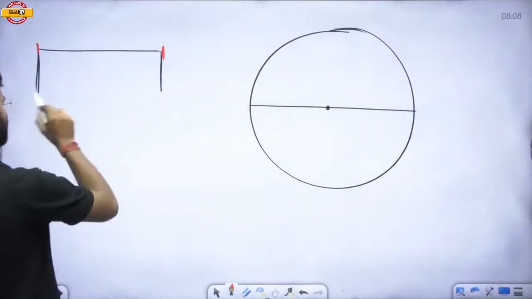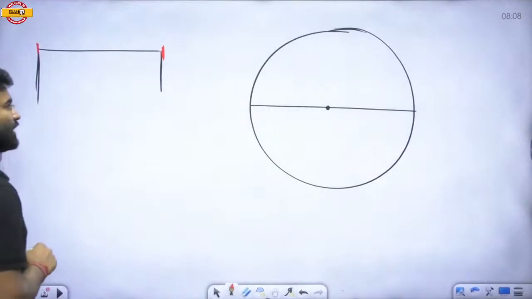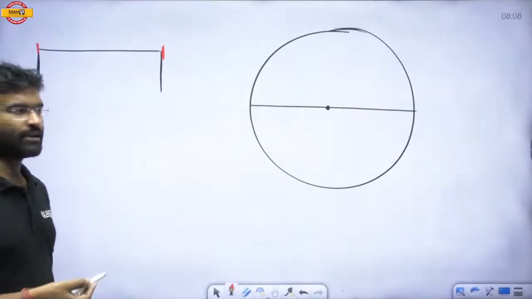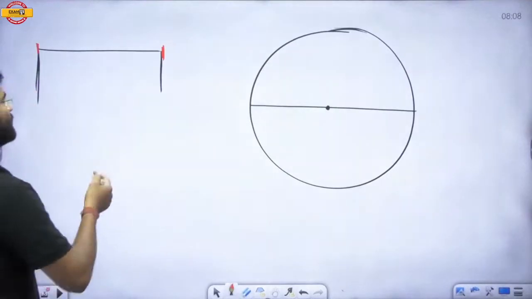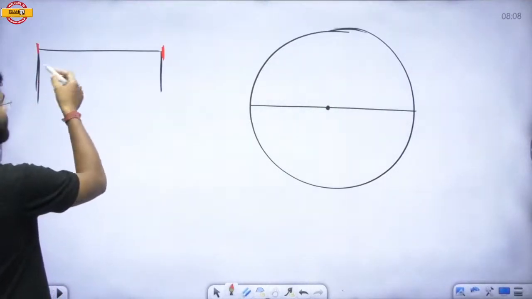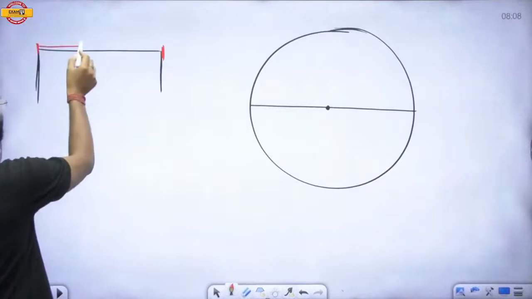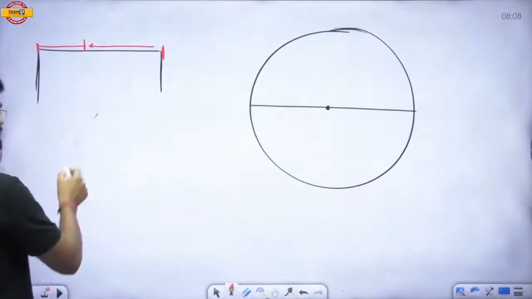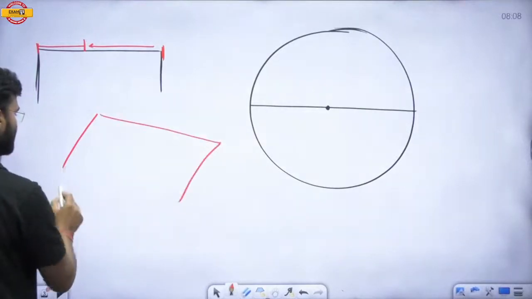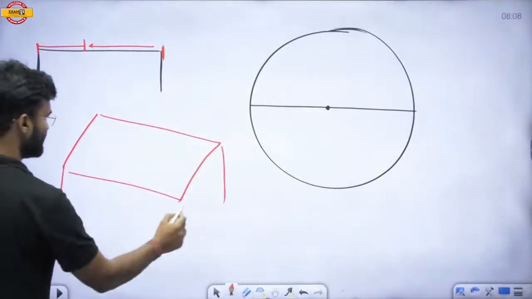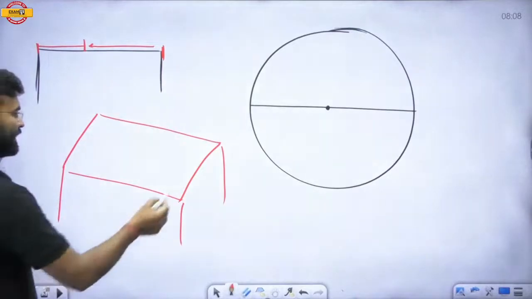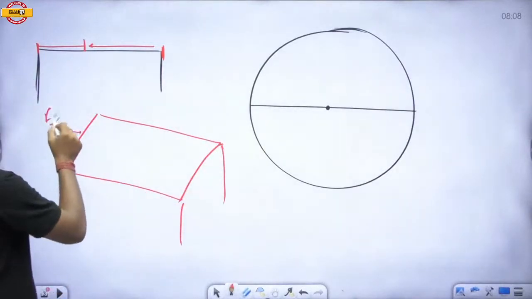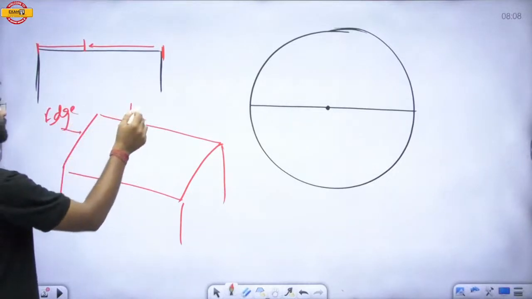And if there is an ending point, then there is no problem to detect the location of that particular object, because if any object is in 3D mode and has edges, you can find out the edge. This is the edge of any structure.